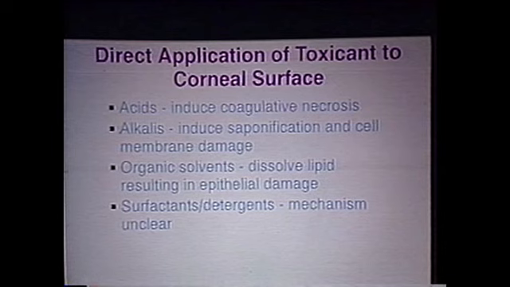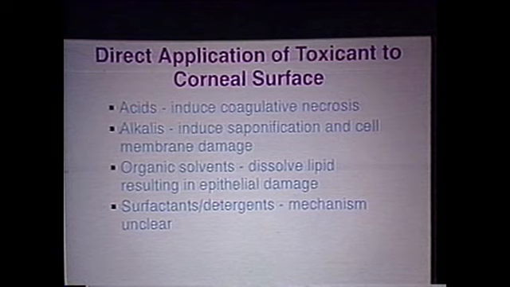Because of the saponification, there is a massive infiltration of polymorphs into the site, and these polymorphs tend to secrete collagenase enzymes, which dissolve the collagen of the stroma. The breakdown products of this collagen in turn attract more polymorphs to the site, so you get this vicious circle of activity taking place, and this gives rise to the rather horrible condition of the melting ulcer. So alkalis are much more severe.